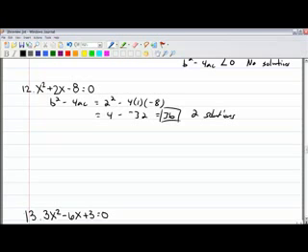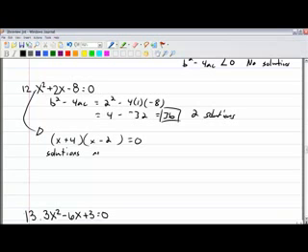First thing I'm going to try to do is factor this thing. X squared plus 2x minus 8 can be factored to, let's see, what multiplies to negative 8 and adds to 2? That would be x plus 4, x minus 2. So solutions are x equals negative 4 and x equals 2.